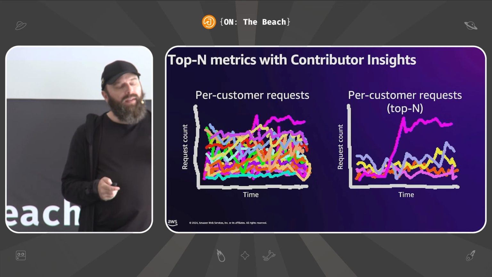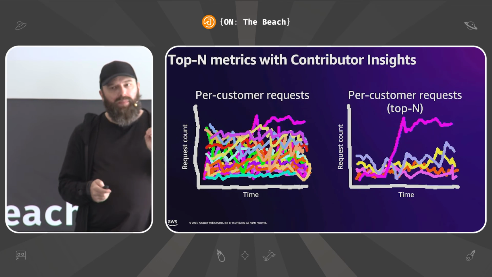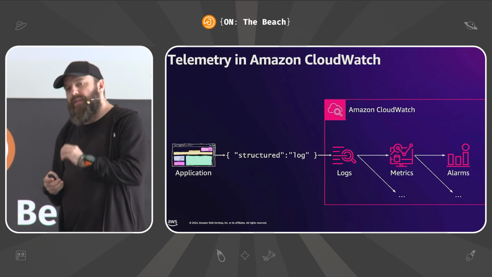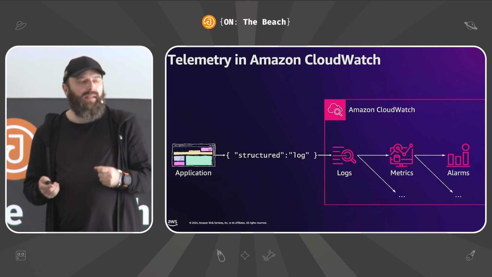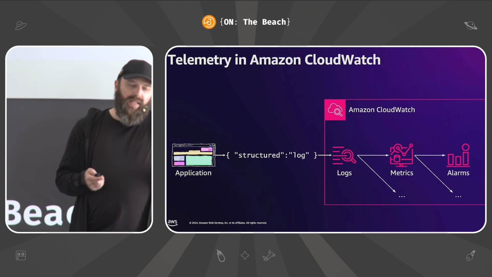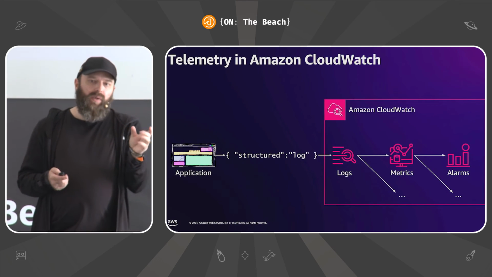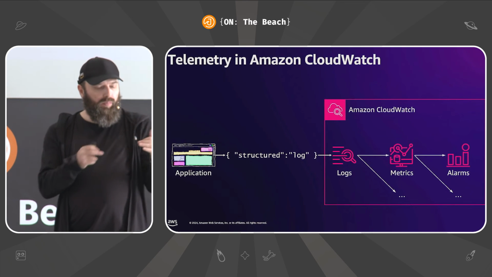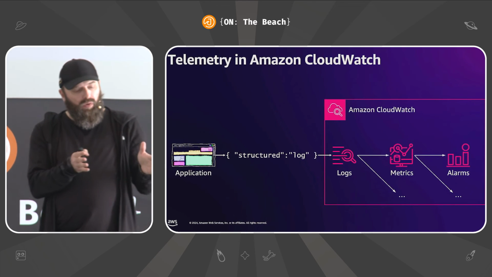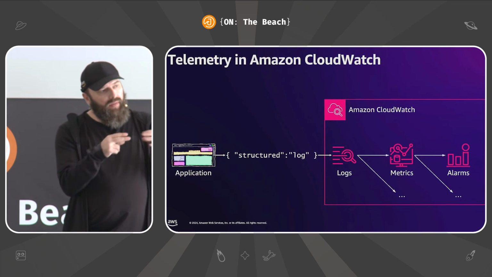But we're going to talk at this point a little bit about telemetry. CloudWatch is the service that we have to monitor and log all the events. When we have our application, we try to instrument it in a way that we can log everything. We will use a structured log, so we have everything that's happening in the application in this log.